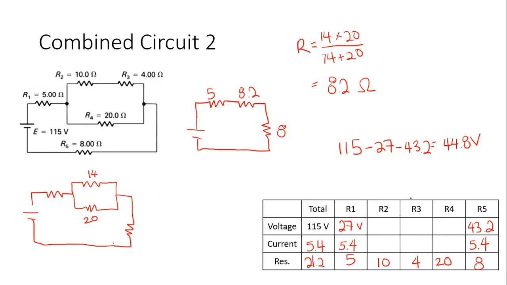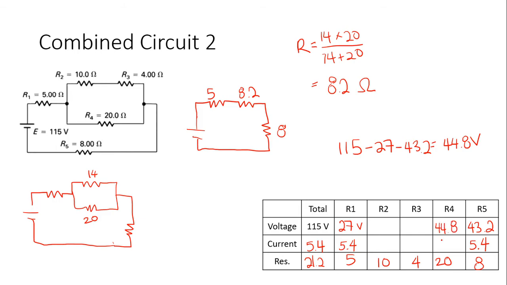So when I look at this picture, I'm going to send 44.8 across here, and I'm going to send 44.8 across the 20 ohm. The problem is this 14 is equivalent. It's a 10 and a 4. So some of it's going to drop at the 10, some of it's going to drop at the 4. So I'm going to ignore that branch for now, but there's only one resistor in the bottom. So I know that R4 is going to drop all 44.8.